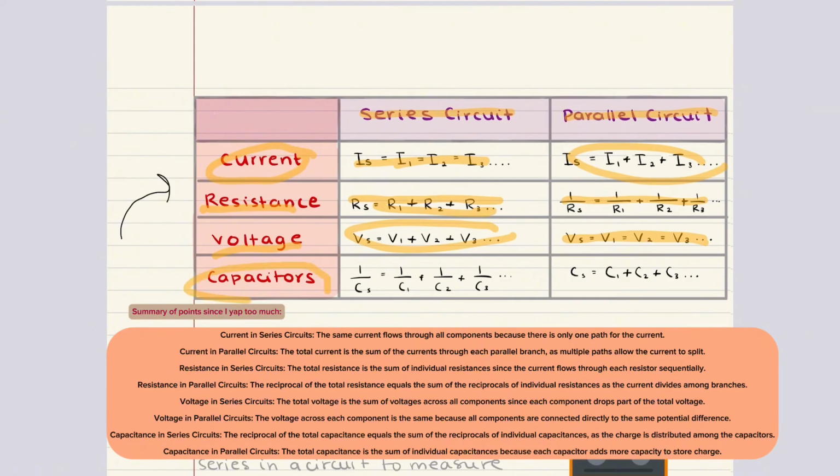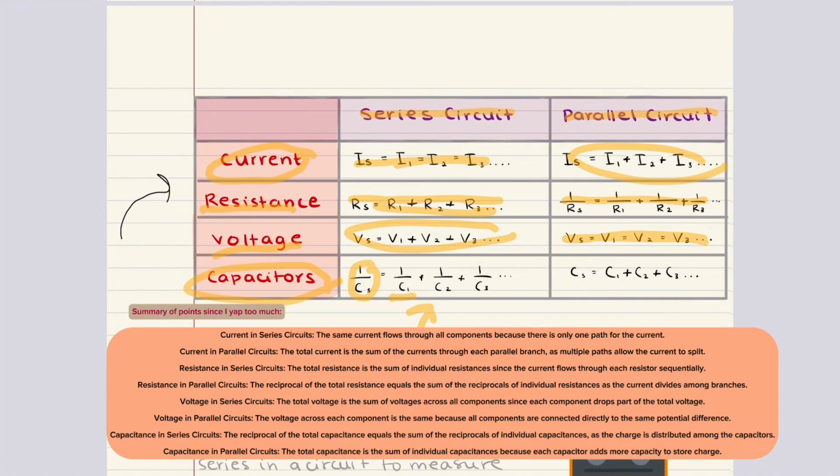And finally, we can talk about capacitance. For series capacitors, the total capacitance is reduced because the capacitors must share the voltage drop. And here we can write that the reciprocal of the total capacitance is equal to the reciprocals of the individual capacitances added together.